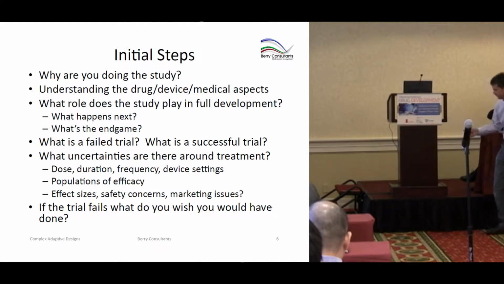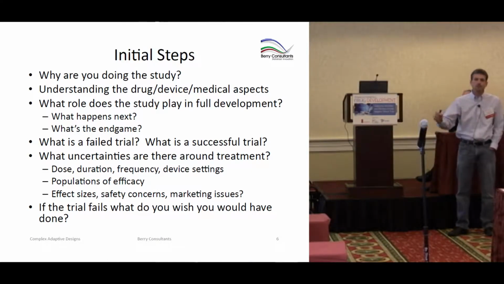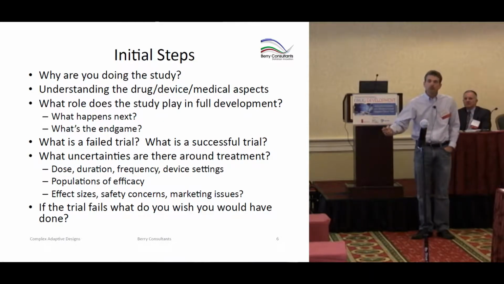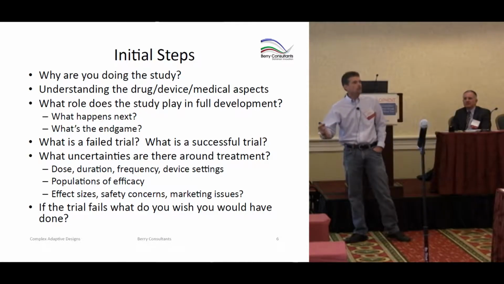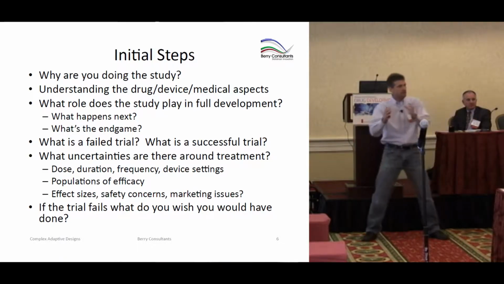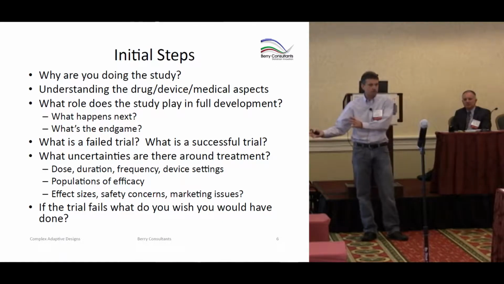And of course, one of the questions we commonly ask is, suppose I tell you the design fails. What do you wish you would have done differently? And if they say, oh, I know we got the wrong patient population, I would have included this group, then maybe we can do that in the trial. If it starts going negatively, we add that population, or we change it in that way so that our single silo trial isn't a failure that results in very long time or an unnecessary trial being done after that.